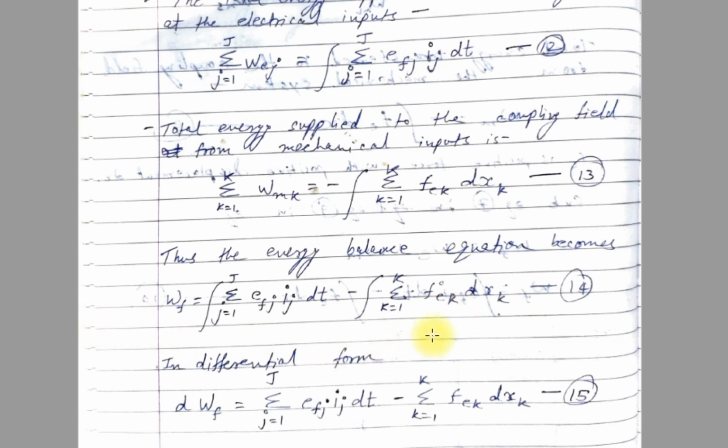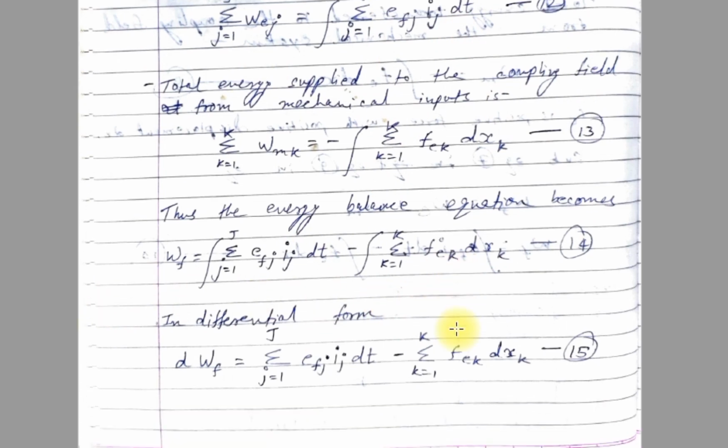So this is what I get. And if I want to remove this integration sign, in the differential form, I can write this as d of WF is equal to sigma EFJ IJ dt, where J is from 1 to capital J, that is the total number of electrical inputs, minus sigma K is equal to 1 to capital K of FEK dxk, where capital K is the total number of mechanical inputs.